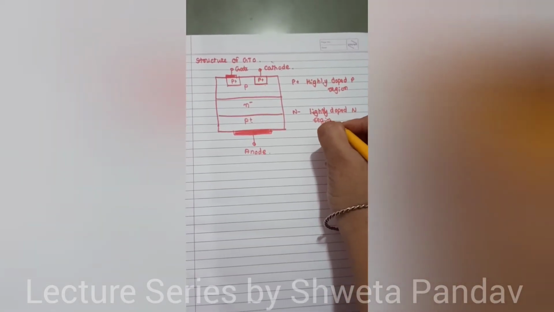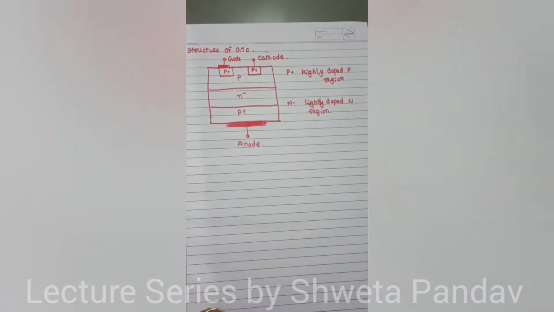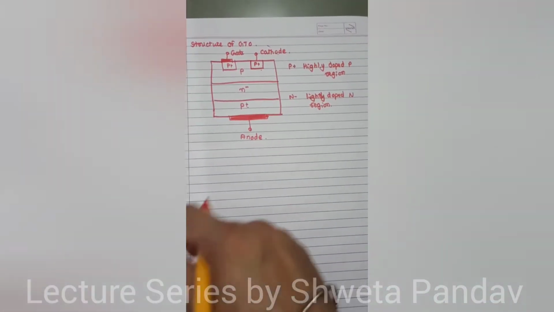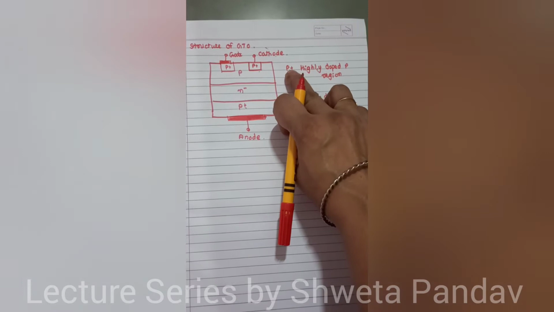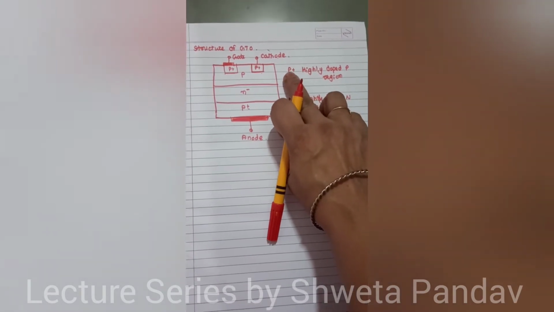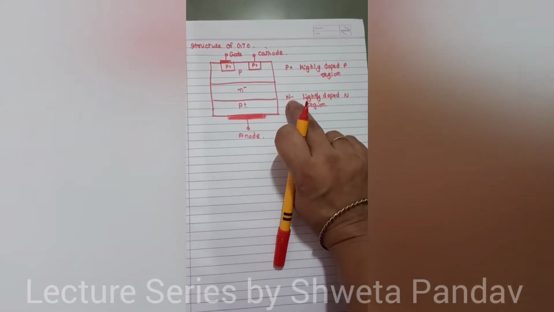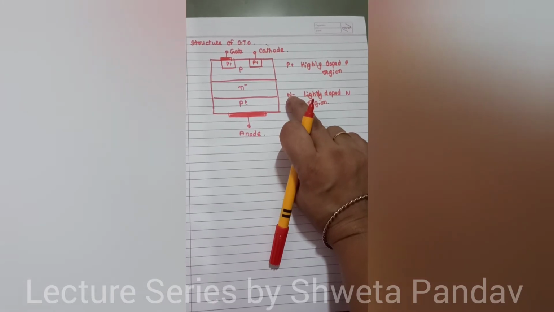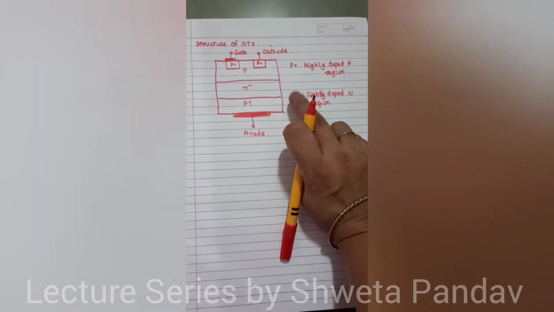What is doping? The process of adding impurity to the pure semiconductor. So if I add more impurities to this P region, it is represented with P plus, and if I add less impurities to the N region, it is represented with N minus sign.